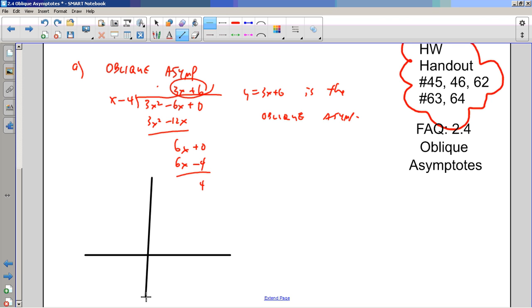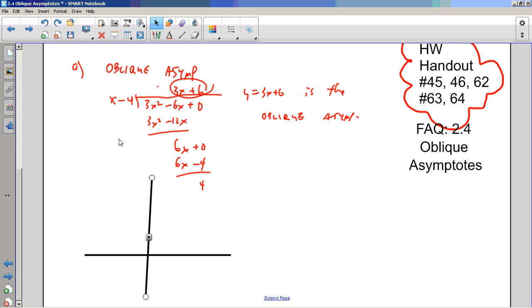Well, I am going to do a whole bunch of analysis still. I'm actually going to set up a grid this time and use a decent scale, just because to draw the oblique asymptote, it's nice to have some graph paper.